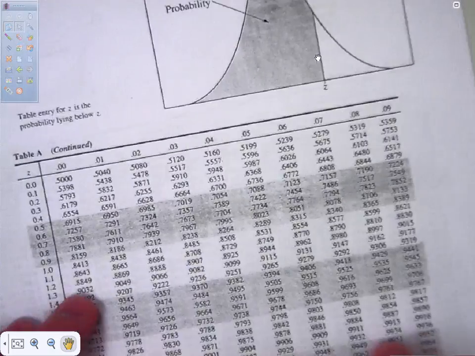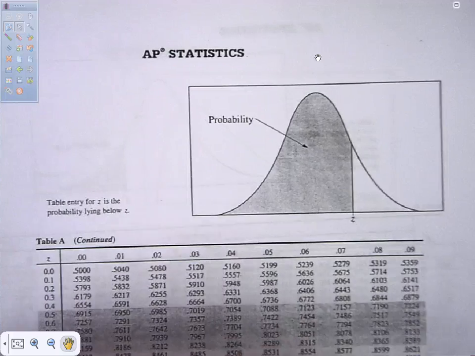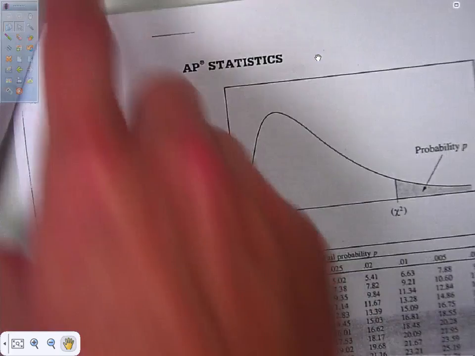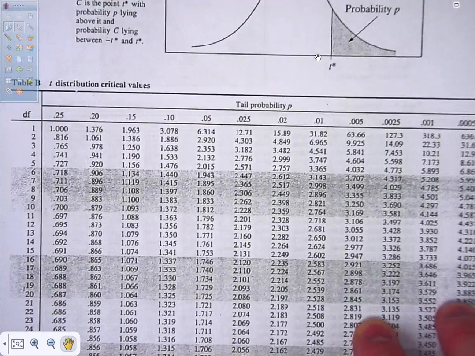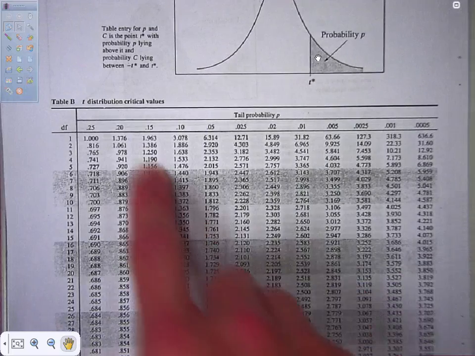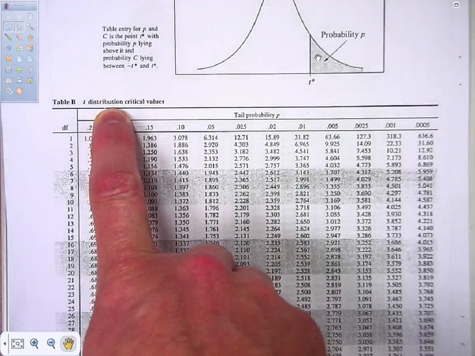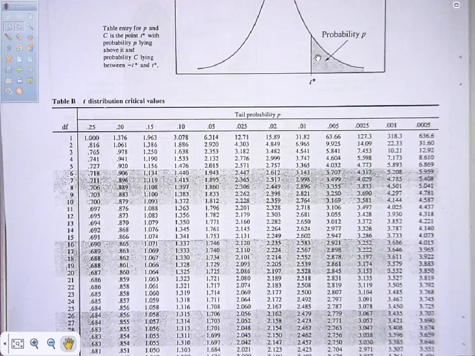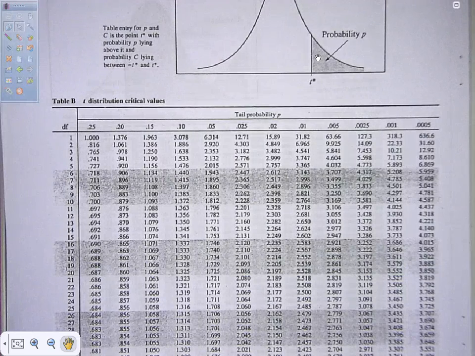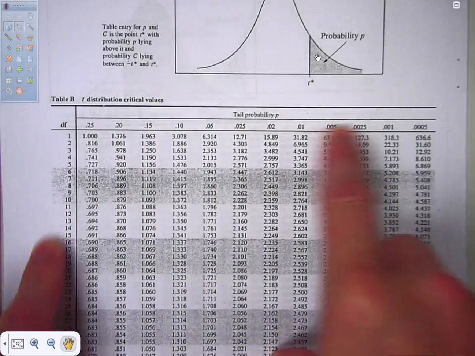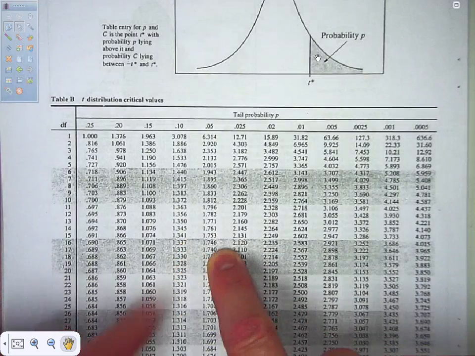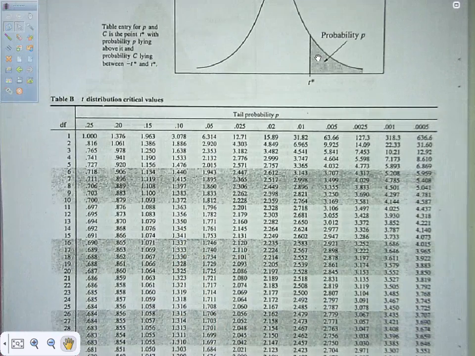So if you look, here's our table A, right? Area to the left. Looks familiar. After the two sides of your table A, we get into this next page, which is your t distribution critical values. Now this works a little bit different than table A does. Remember, table A takes the z-scores, the critical values or standard scores along the outside, and corresponds that to a probability or a proportion under the curve.